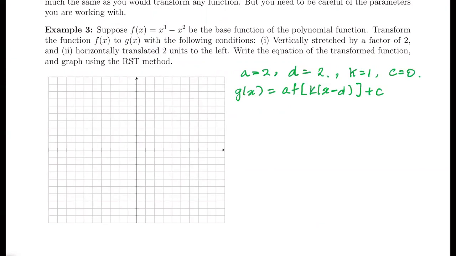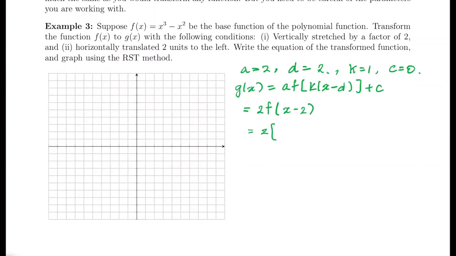So that means if we put the numbers in, we have 2 times f of (x minus 2). So that means we have a factor of 2 on the outside, and then every x inside would just be replaced by x minus 2. So we would have bracket (x minus 2) cubed minus (x minus 2) squared.